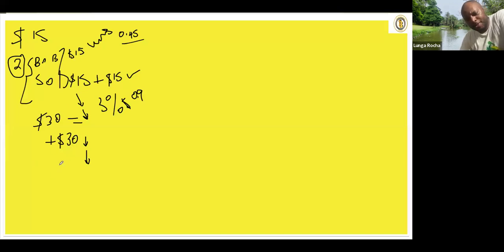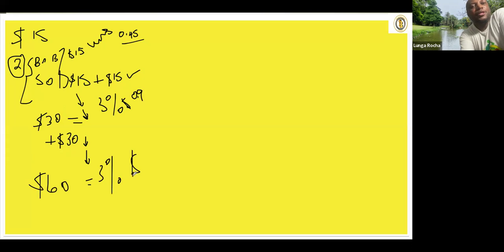Now we are sitting on the market of what? $60. Which is 3% of this. 2% of this is going to be what? I see. And let me check on the charts. I don't see anything.